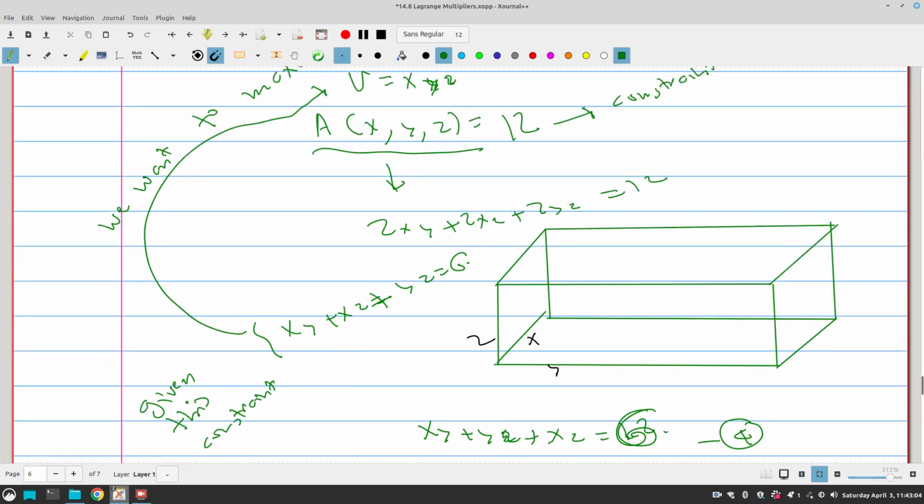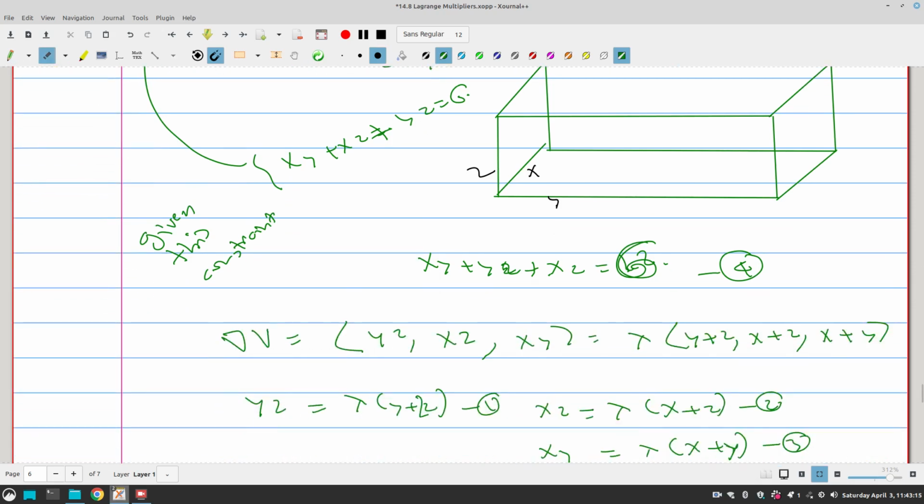The constraint has a missing yz. So we're not allowed to divide by 2 just to get rid of the 6.